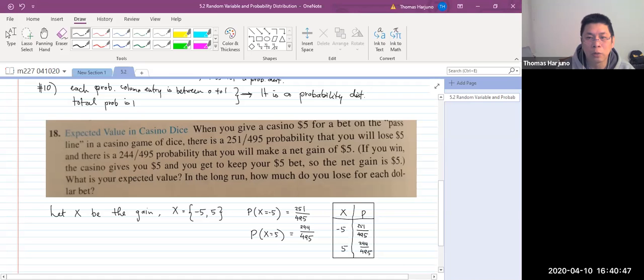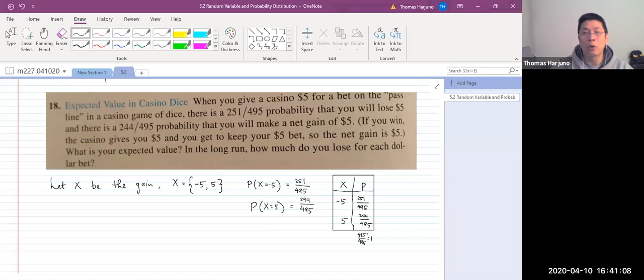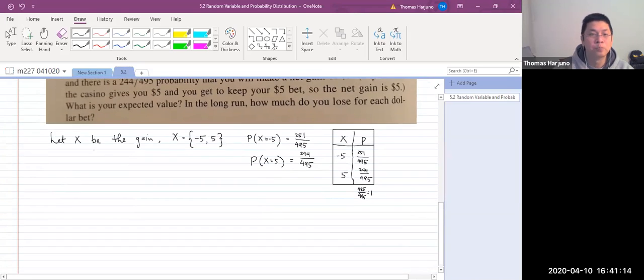Then the total, when you add them, you will see the total is 495 over 495, which is 1. So now that's our probability distribution.